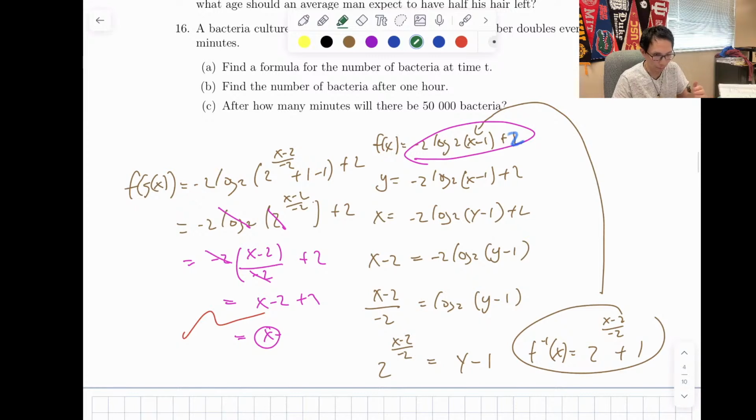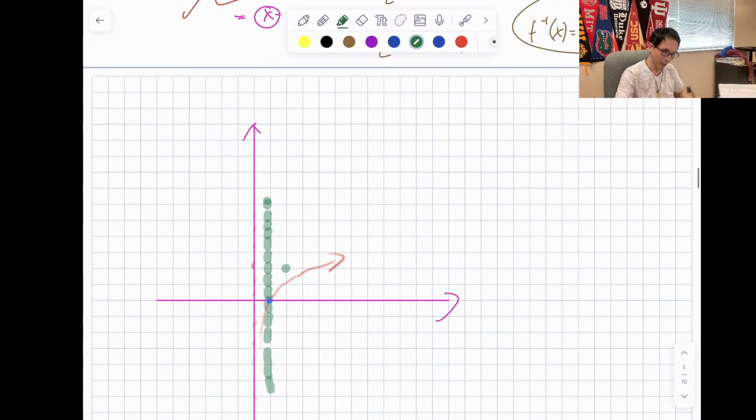And then here's a problem. It's -2. So that graph is inverted which way? Instead of going this way, where does it go? This way, right? Does that make sense?